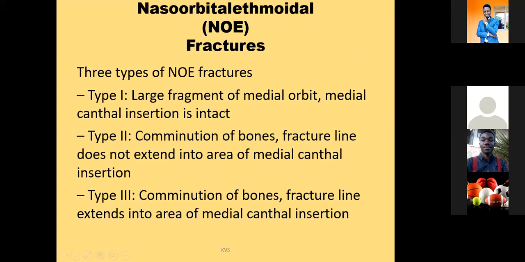Here, the medial canthal insertion is in that fragment. Then type 2, there's a comminution of the bones. The fracture line does not extend into the area of the medial canthal insertion. Then type 3, there's a comminution of the bones, and the fracture line extends into the area of the medial canthal insertion.